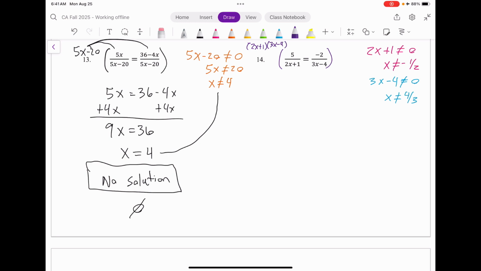Alternatively, since this is just one fraction equals another fraction, you could just cross multiply here to make it easy. And you know what? We'll do that. So let's do that. Okay, so we get 5 times 3x minus 4 equals negative 2 times 2x plus 1.